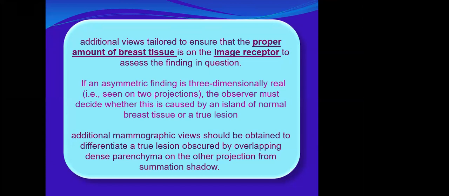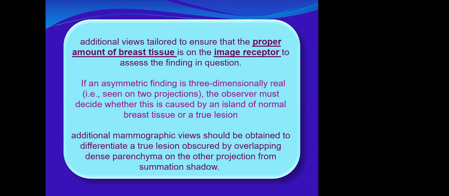It is seen in two projections, but still it can just represent normal tissue. But being real doesn't mean it is a true lesion. After we prove that it is a real abnormality or observation, we need to make sure whether it is a real lesion or not.